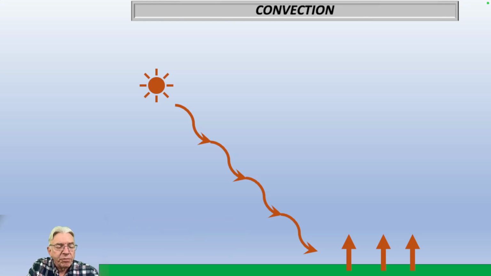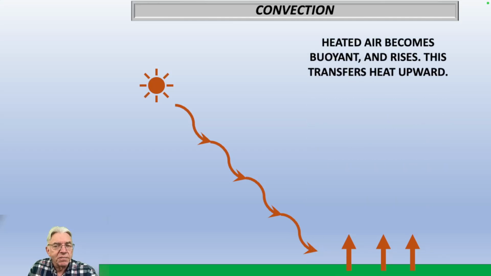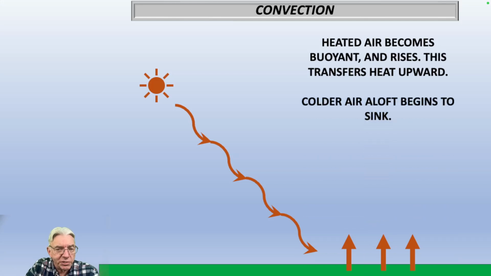And then the process of convection, that heated air becomes buoyant or less dense than its environment, and it begins to rise. And this then begins the process of transferring that heat, which got started by the process of conduction, carrying that heat higher and higher up into the atmosphere. And then the colder air aloft, which is negatively buoyant, if you will, begins to sink, okay?